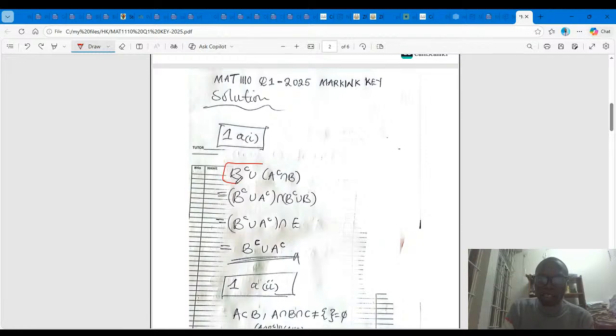So when you look at this, this is what we want to simplify. Here you are using the distributive law, where you distribute this to this, and also distribute this to B, B complement union B. So you are going to get this result, then intersect everything you get.